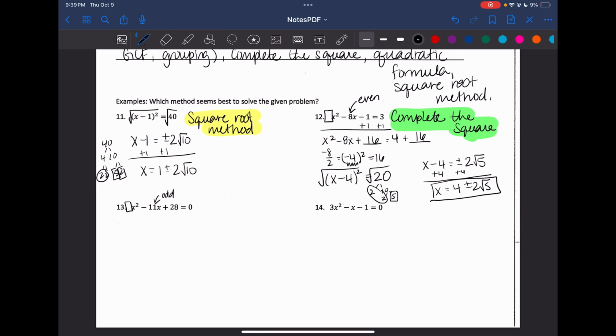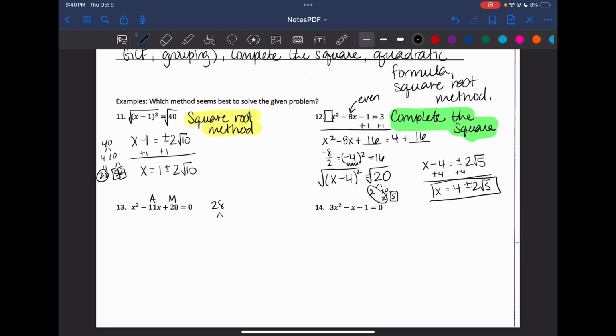So I'm going to go back to the simplest idea, which is add-multiply. All I have to do is ask myself, are there 2 factors that multiply to 28 but add to negative 11? And that might take some work. I might have to go through my calculator if I can't think of it right away and play around with the number 28 and see what it breaks down into.